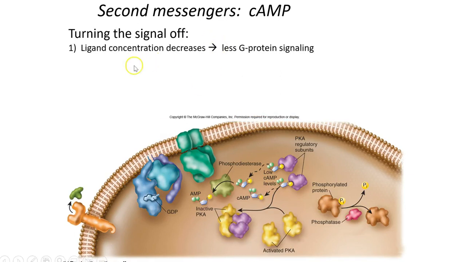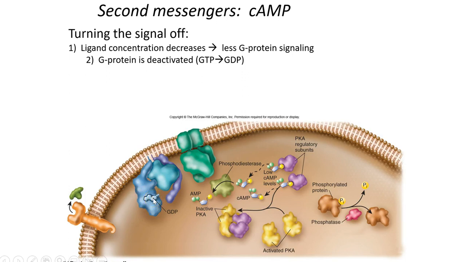So when we have less ligand, all right, so the ligand's running out, the signal should be off, the ligand is going to be released. It's going to go underneath the threshold, and therefore it's not going to bind to the receptor anymore. So now the receptor is back off because we have less ligand. So when that happens, there's nothing activating the alpha subunit, and GTP eventually will turn back into GDP.